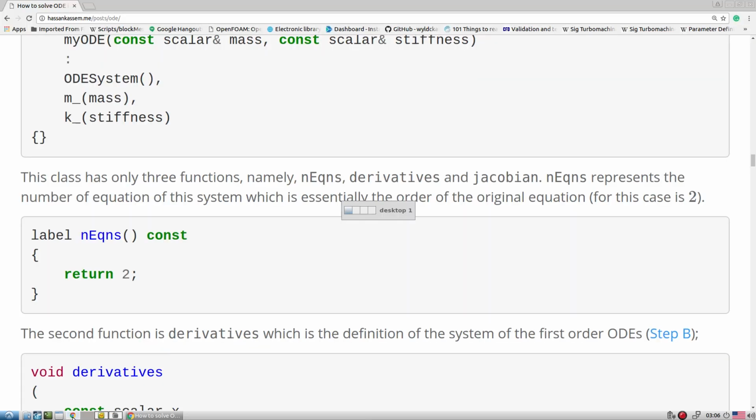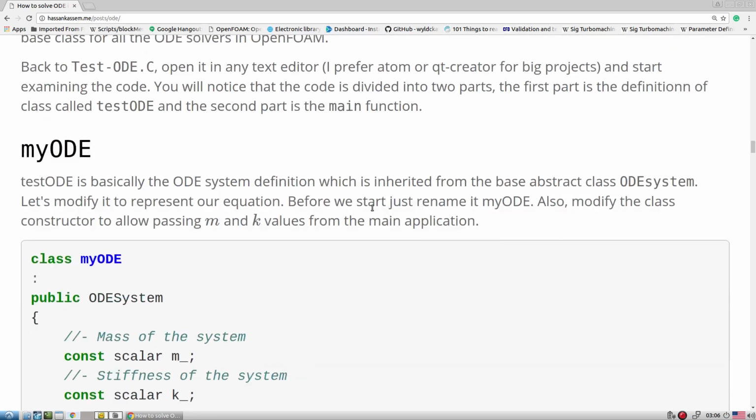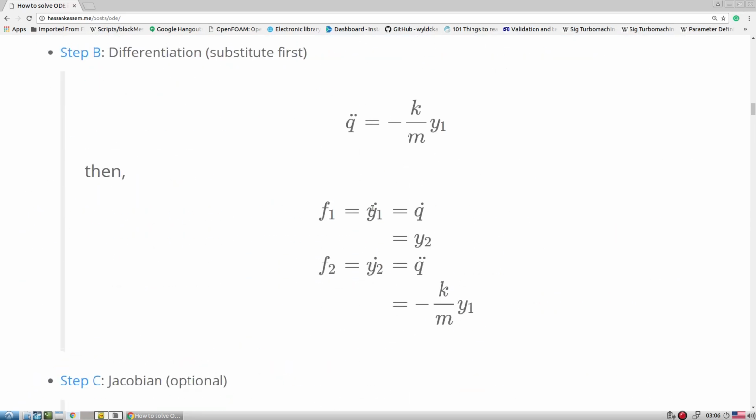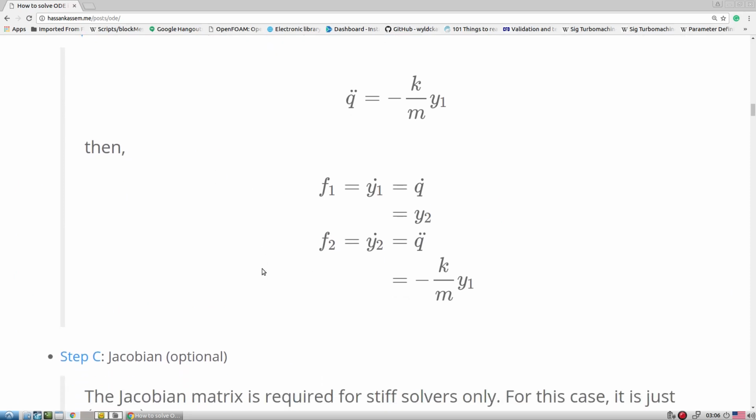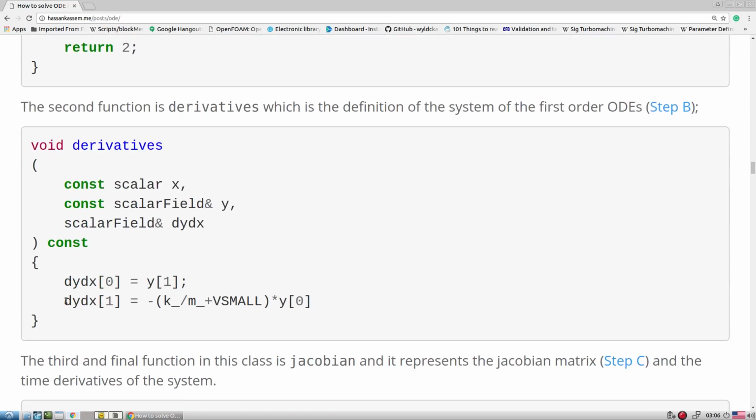Then the second function is the derivative, which defines the system of first order ODEs, like step B, whatever we constructed in step B. All these things we define inside this particular place. So we say del y by del x at 0 equals y1, and del y by del x at 1 is, sorry, ultimately the first equation; the second equation is minus k by m, with m as a small letter, into y0.